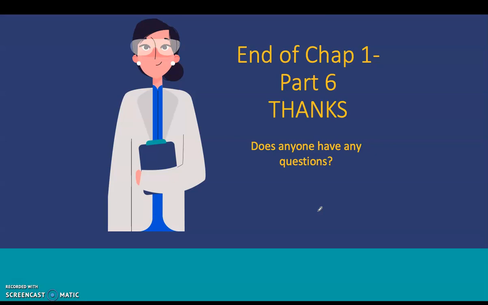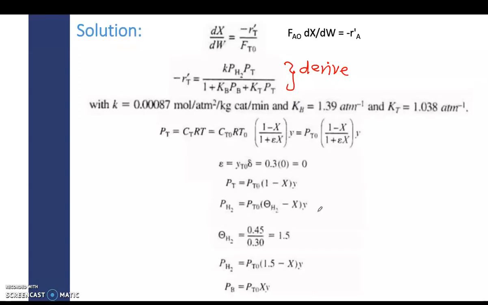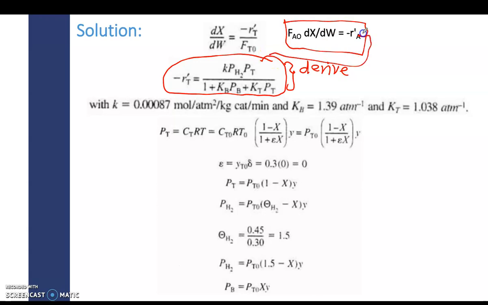So maybe later I will show you some examples that you may use, how to use this rate law in order to calculate your catalyst weight. So normally, let's say you wanted to use this equation, this one will be used in this equation.